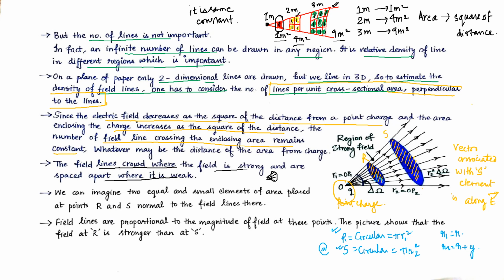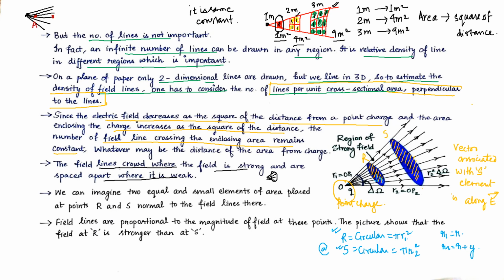See, I'll give you one example. We have a charge over here and these are the field lines coming out of it. Now I have placed a point over here, a point over here and a point over here.